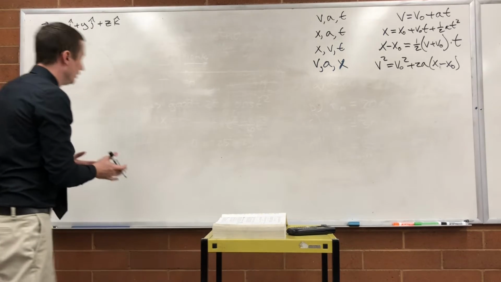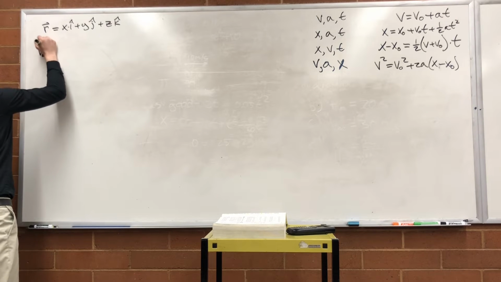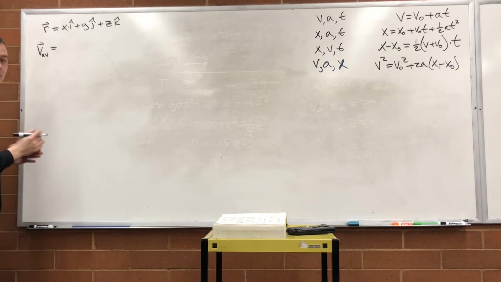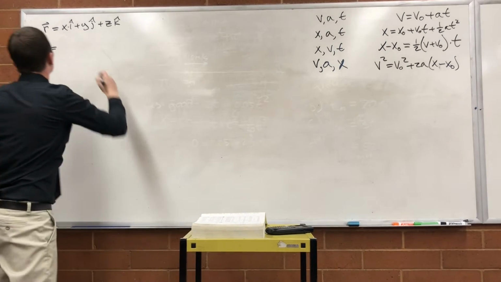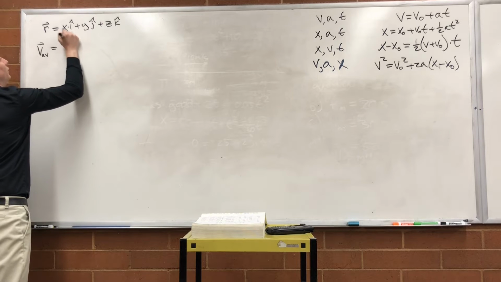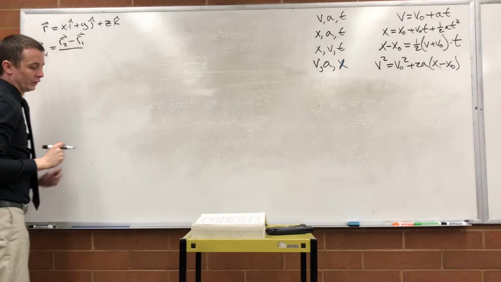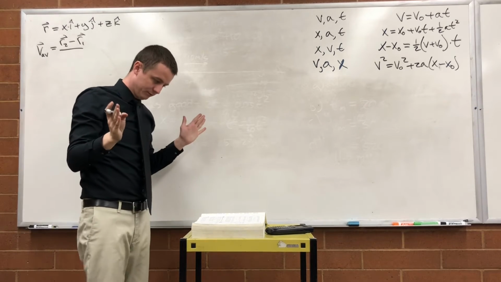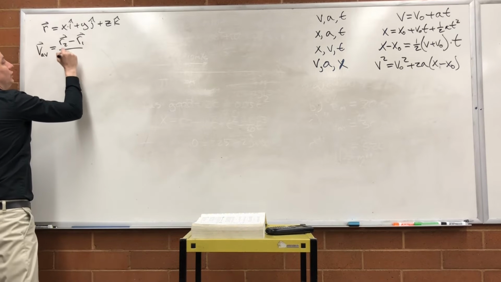Now your average velocity vector is going to be equal to the change in your position vector, so you can write it as r2 minus r1, over time, which is still just a scalar, so it's just t2 minus t1.